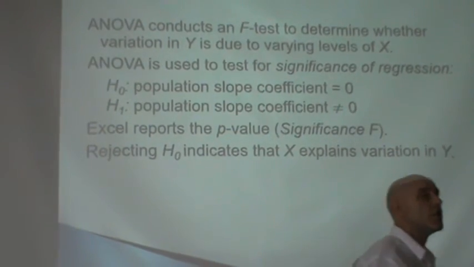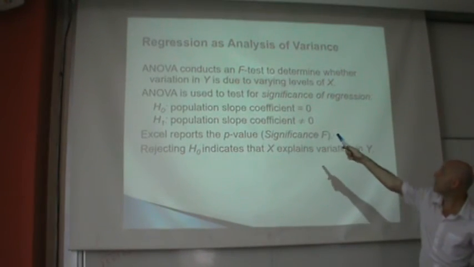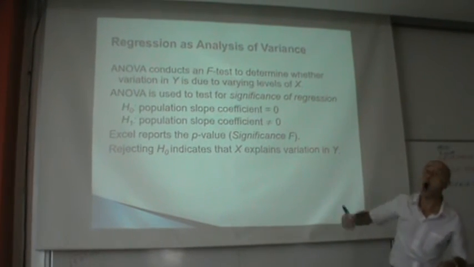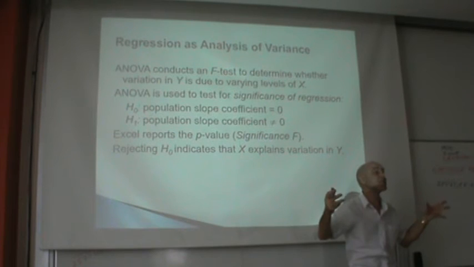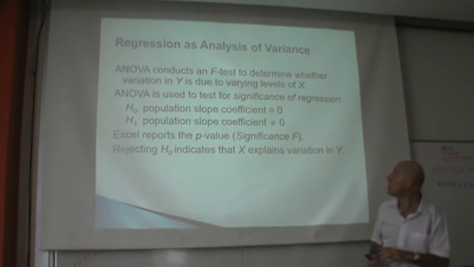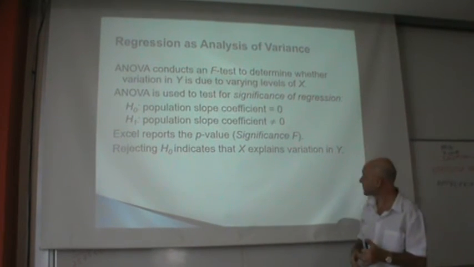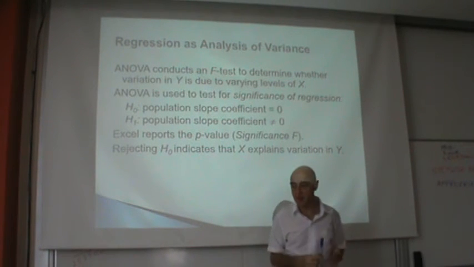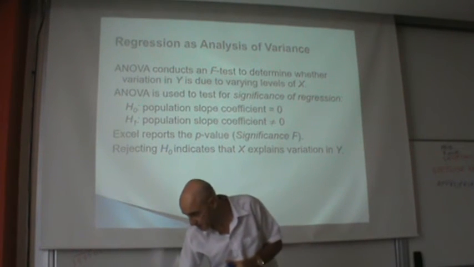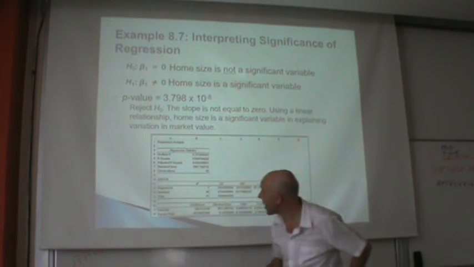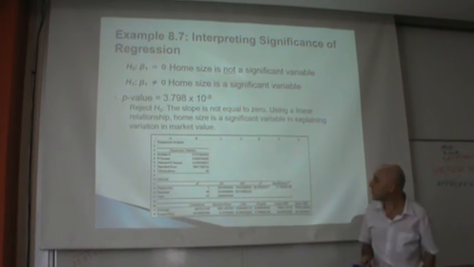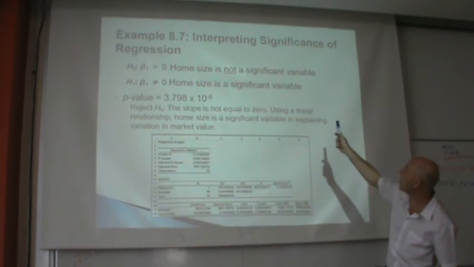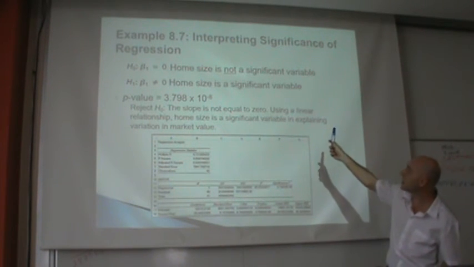So, ANOVA, I explained, is an F-test to determine the overall fitness of the whole model. Okay? And you can use the p-value, the same as significance. Let's see what they have here. So, for example, here you got the home size is not a significant value, home size is a significant value.